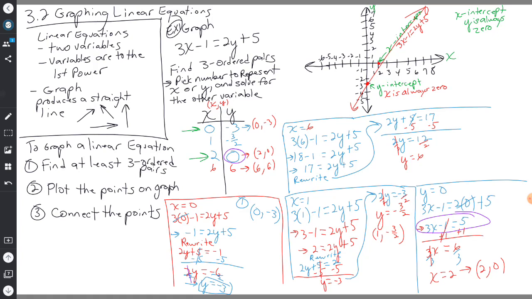So we want to get rid of that minus 1 by doing plus 1 on both sides of the equation. When we do that, we eliminate the 1 from over here, and we're left with just 3x is equal to 6. And then we wanted to divide the 3 off of the x to solve for x.